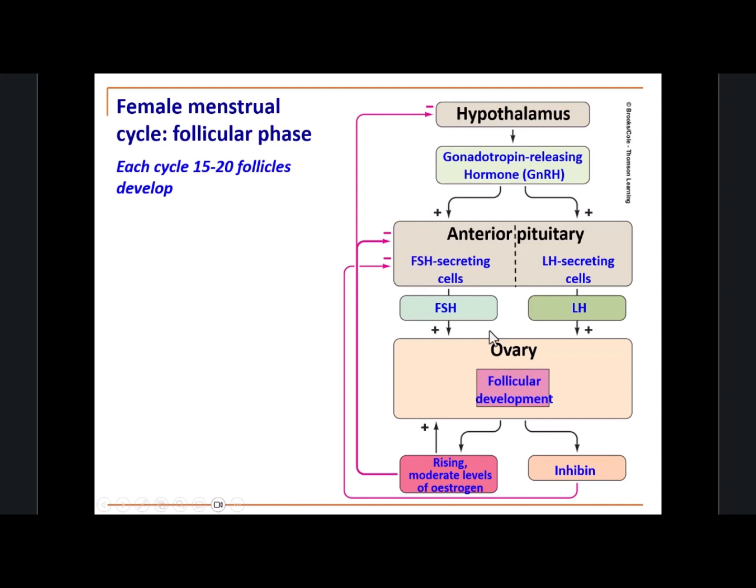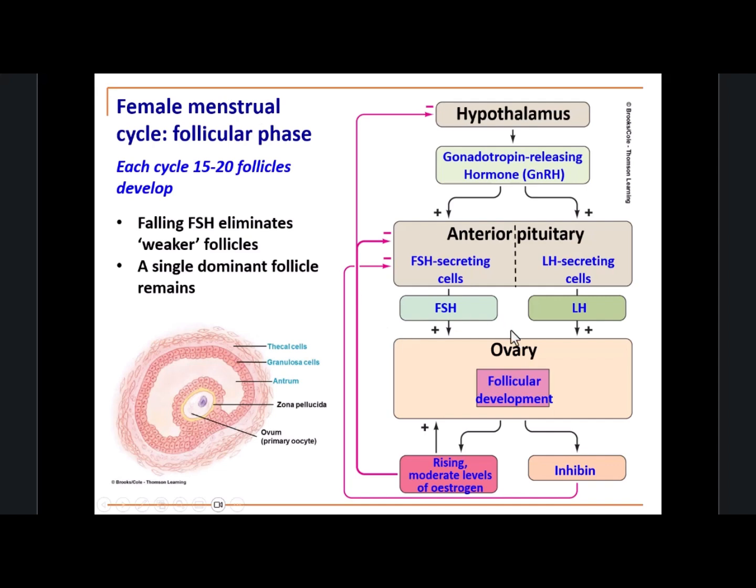That's a very important thing to keep in your head, because remember, we had 15 to 20 follicles developing. But the reality is, in most cases, only one follicle develops fully towards the egg being released and ovulation. Because the FSH levels are dropping during the first part of this cycle, the falling FSH essentially eliminates weaker follicles.